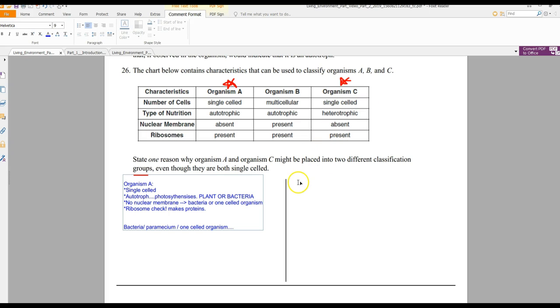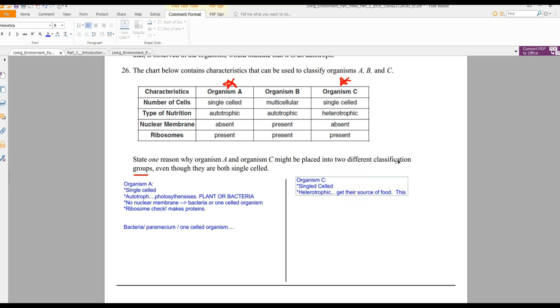Okay, so now let's talk about organism C. Bullet point. It's single-celled, okay, but it's heterotrophic, meaning heterotrophs get their source of food.